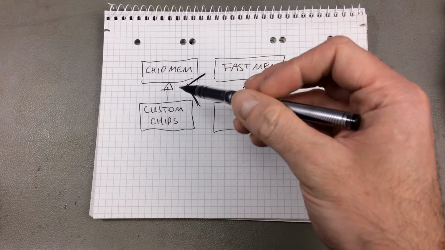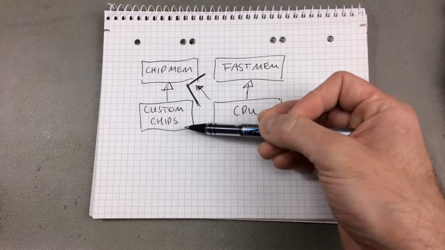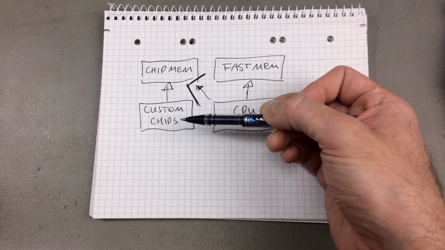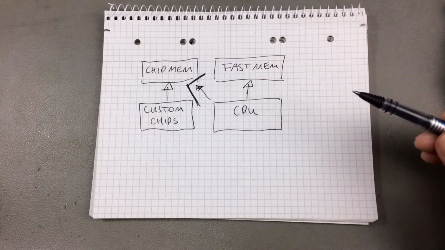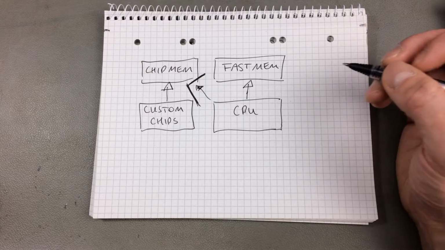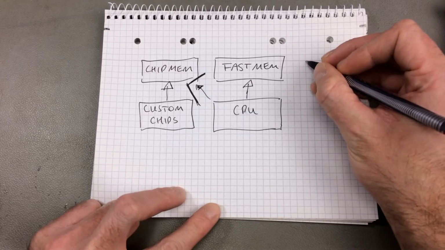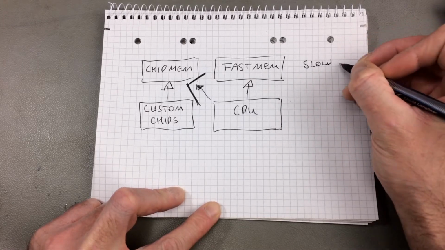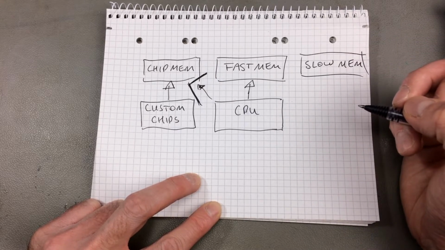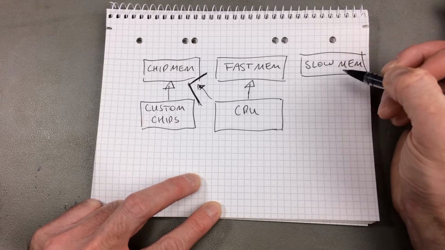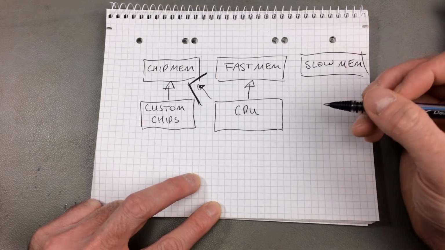More chip mem usually speeds up what the custom chips do, so graphics, sound, etc., but can at times slow down the CPU. In some systems, there's also something often referred to as slow memory, which really is fast memory, which gets a bit confusing.